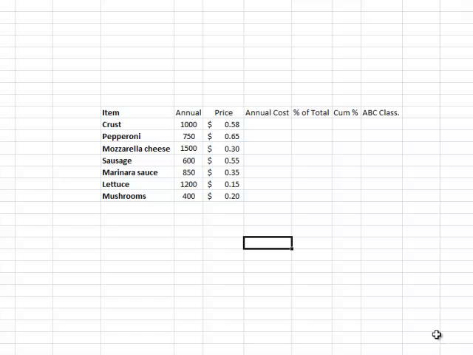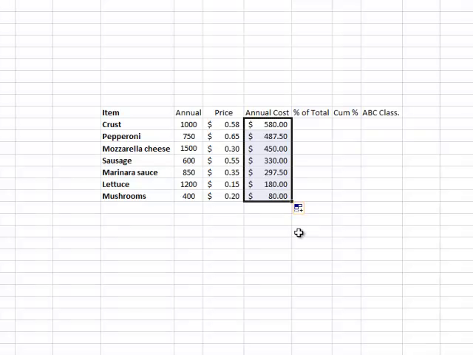Here I have the items of inventory that we want to classify, the annual demand, and the price. I'm going to calculate the annual cost for each item very simply by putting in a formula, multiplying the demand times the price. I can then copy that formula down to all the items.